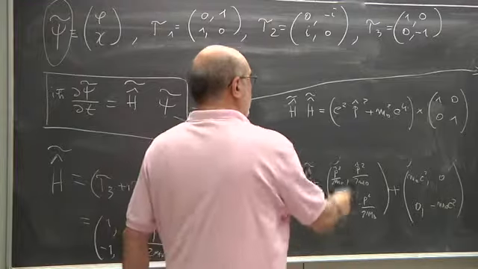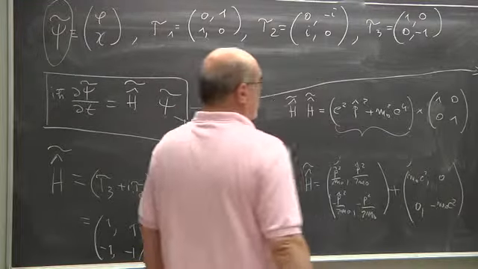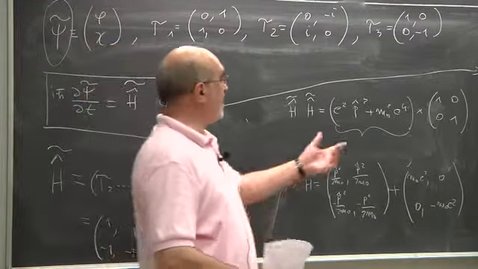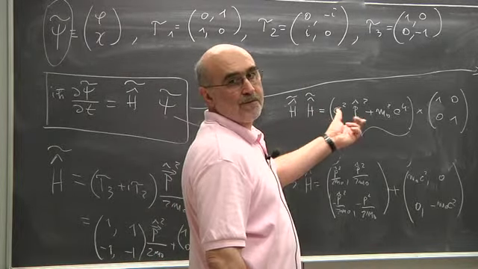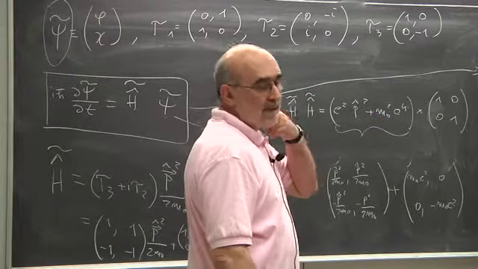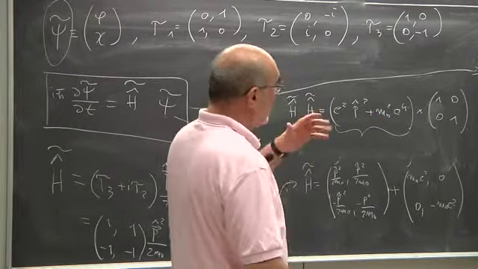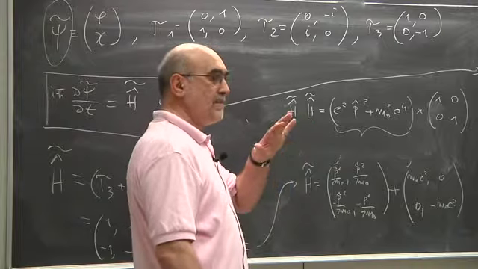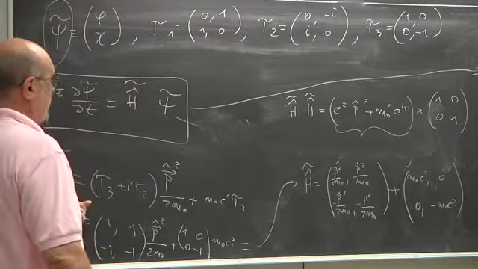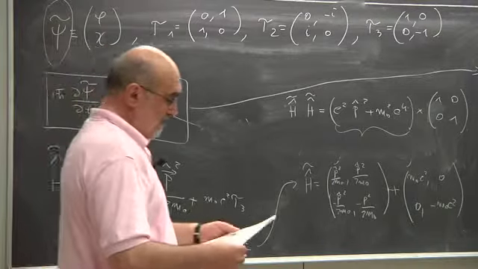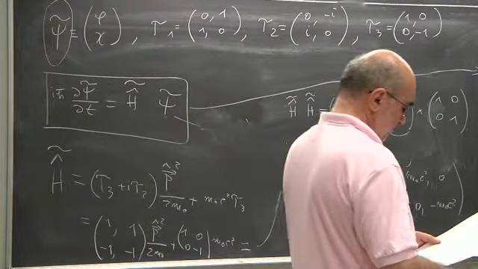But this is the usual Klein-Gordon equation. So somehow this is something like the square root of the Klein-Gordon operator. We will find out later on that there is a better way to do the square root. But this operator, applied twice, gives me the Klein-Gordon equation.